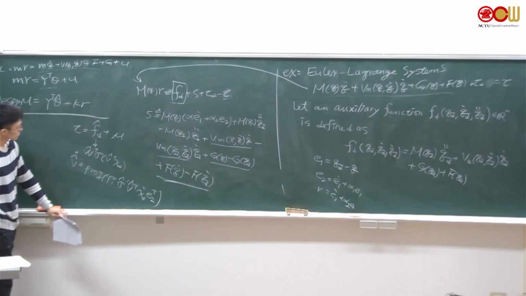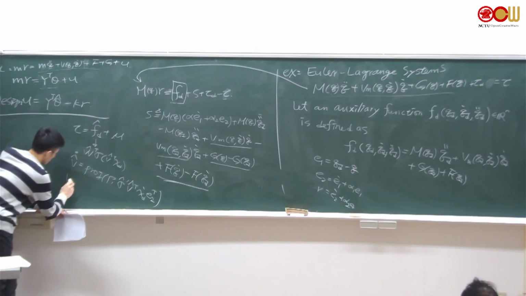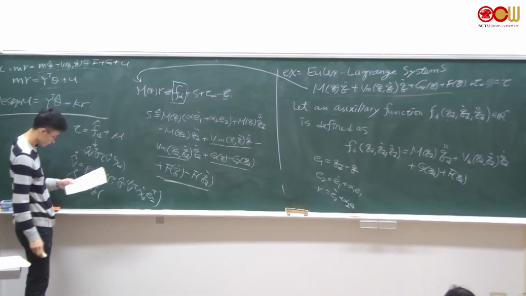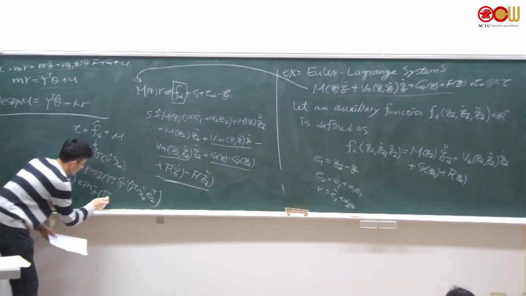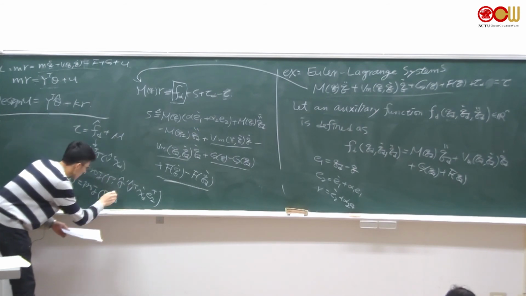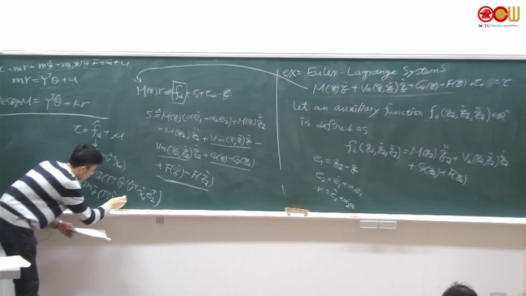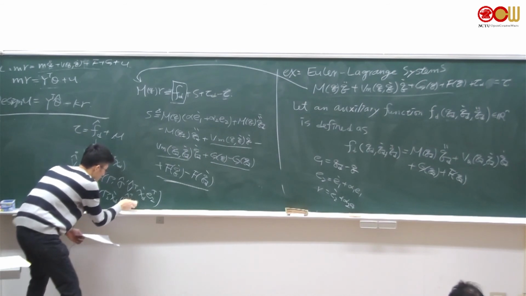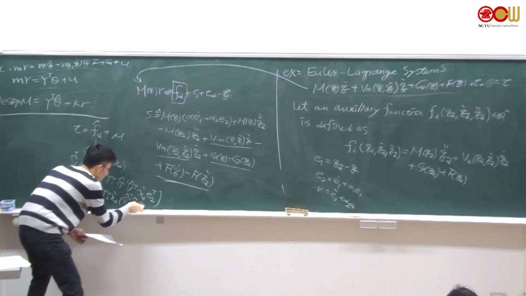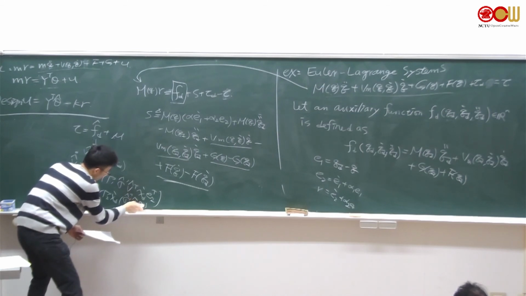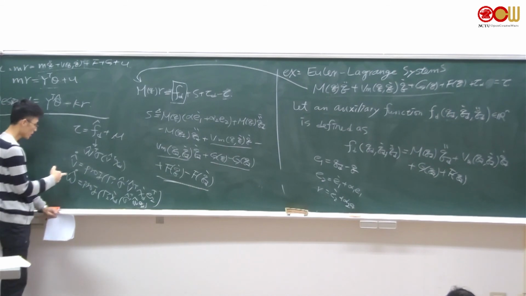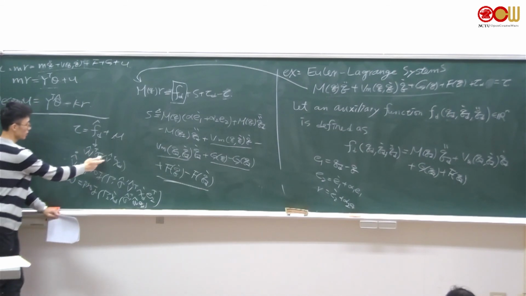Okay. And for W hat, W hat E2, okay. These are the adaptive laws for these weighting matrices.